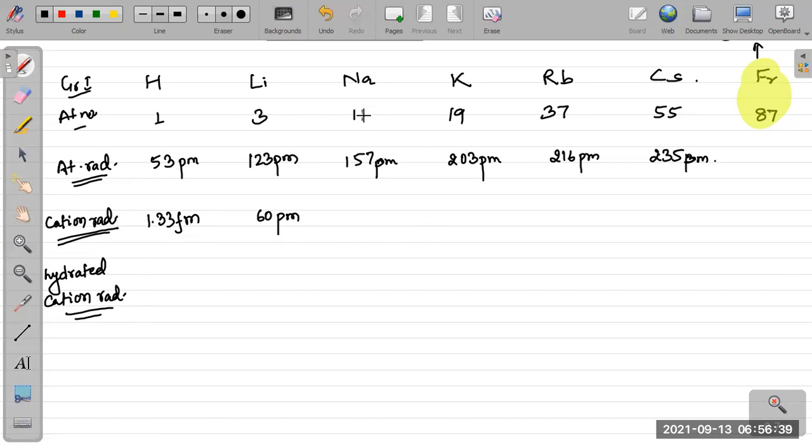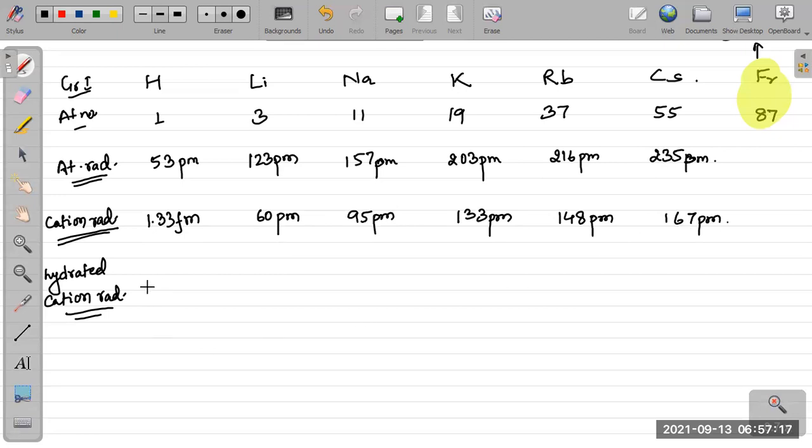For sodium the value is going to be 95 picometer, PM. Then for potassium the value is 133 PM. For rubidium it is going to be 148 PM. And for cesium it is going to be 167 PM.